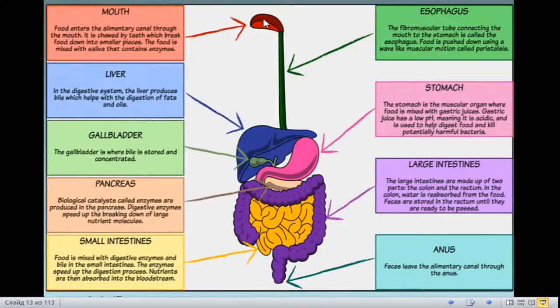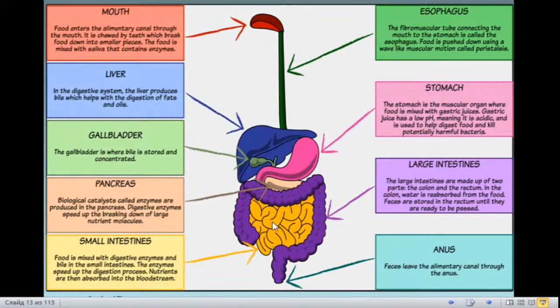So, and here are the organs that develop from different portions of the digestive tube, and actually the digestive system is divided into digestive tube and digestive glands. The sequence of the organs is the following. First of all, that's oral cavity, then pharynx, then esophagus, then stomach, small intestine, large intestine, and then anal canal.